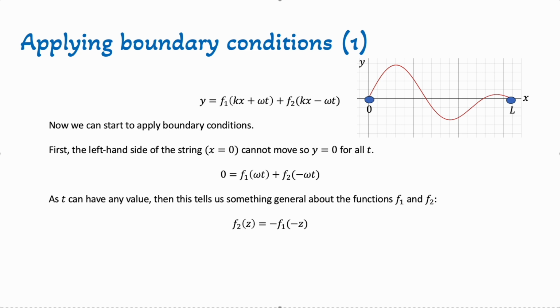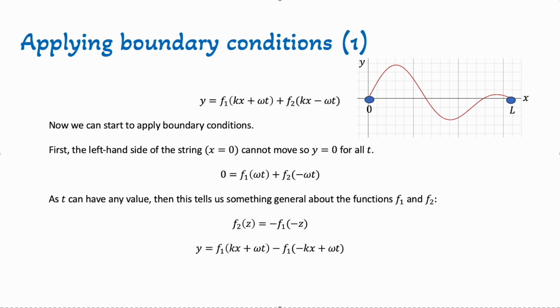So we can write that f2 evaluated at any value of kx plus omega t or kx minus omega t must be equal to minus f1 evaluated at minus that same value. All right, so we can substitute this in.